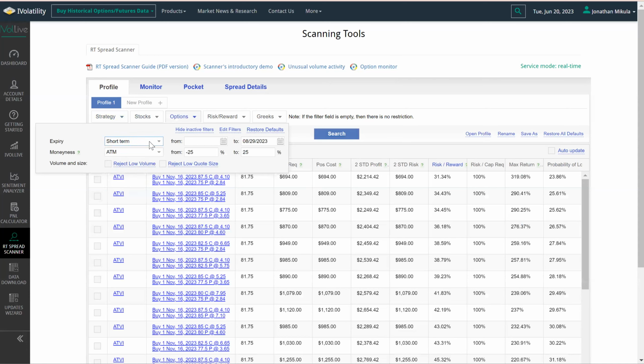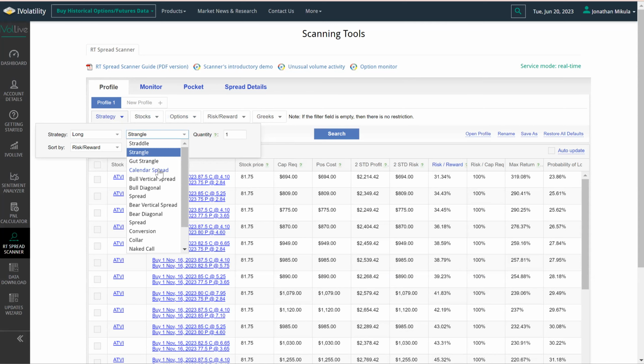You could see the system automatically filtered out anything that expired after August 29, 2023, which was great because none of that was relevant to our Dish thesis. What I thought was great about Activision is it's a similar thesis. It's going to make a move higher or lower, but it's a different time frame, which is a midterm time frame. So those are the strategies: Straddle, Strangle, and Gut Strangle that we covered last week.